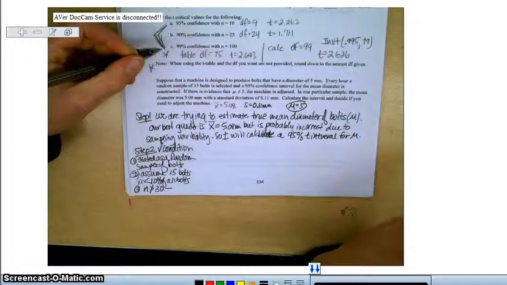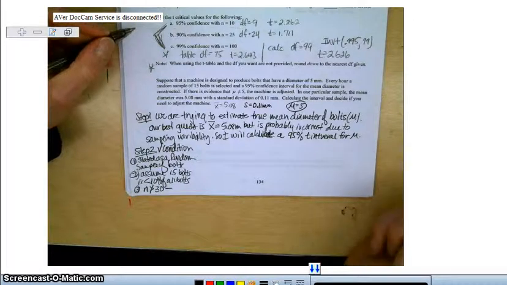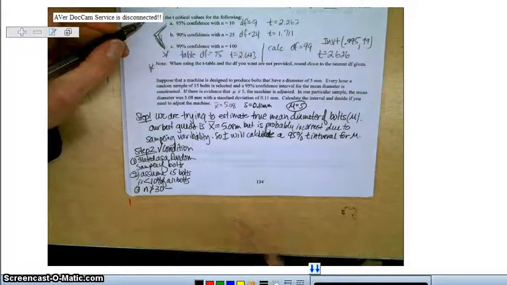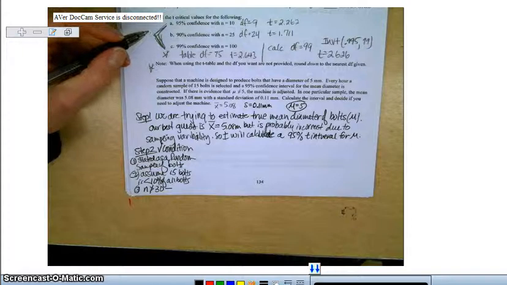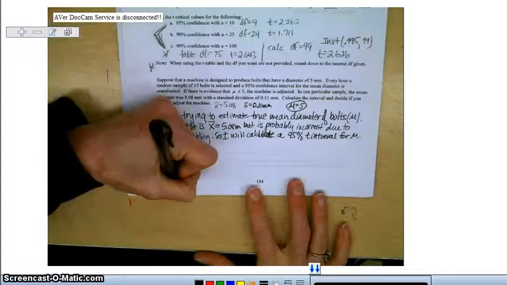Now, does it say it's from a normal distribution? No, it doesn't. And n is not greater than 30.